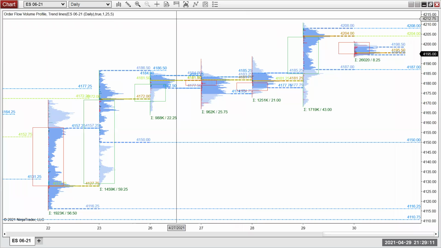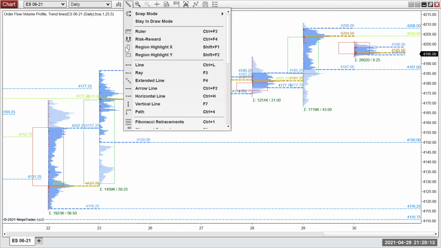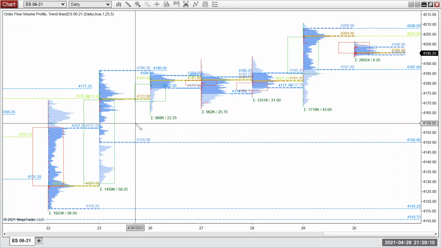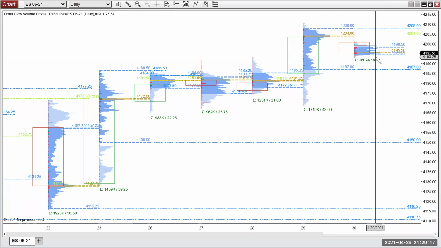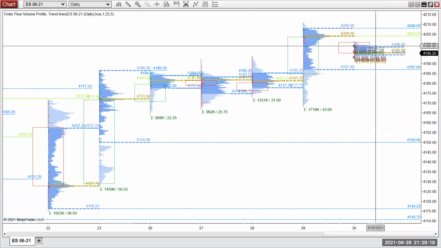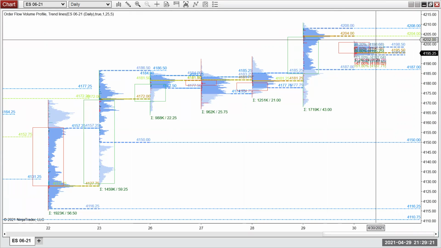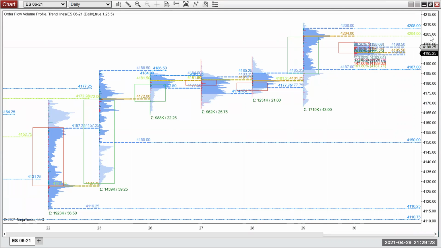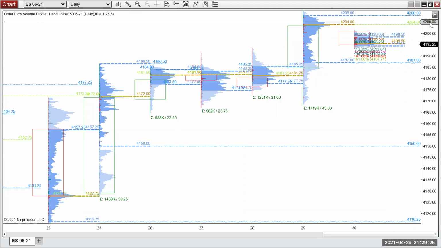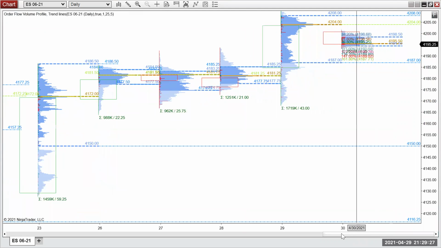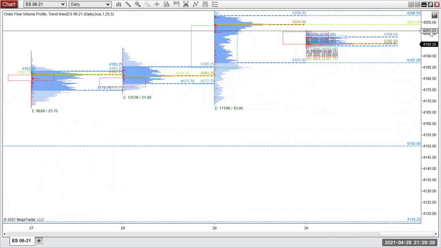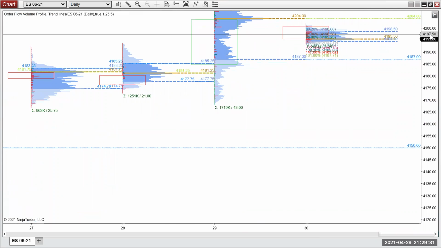Okay, if we're going to do Fibonacci retracement on this, ES right now is at 95.